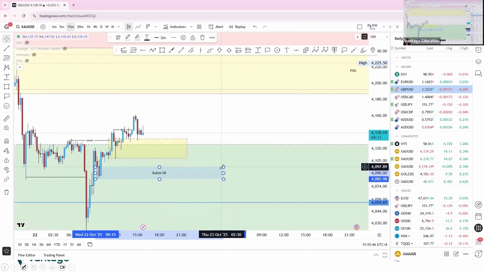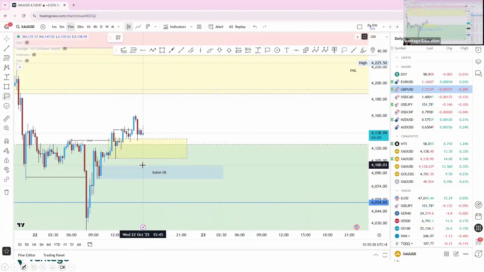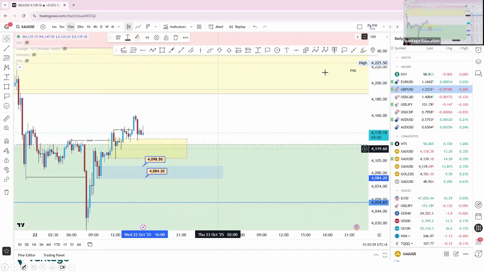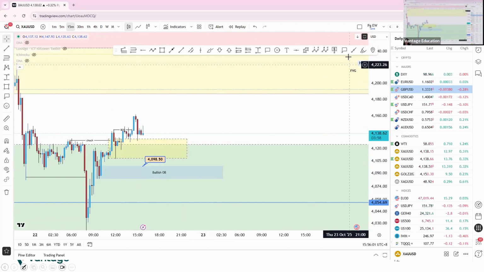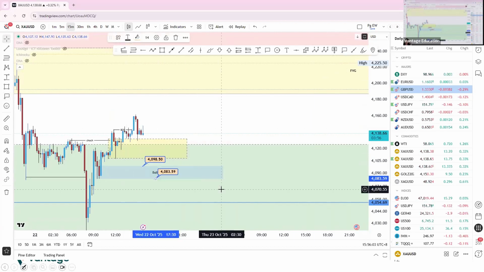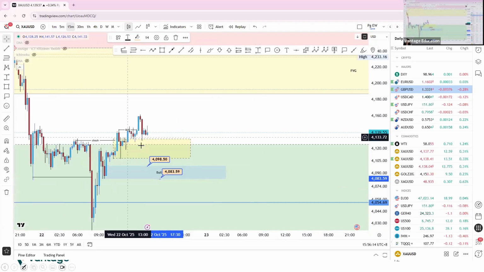That is here and this level. This level. All right, guys. Okay, you see that? So either here or here.